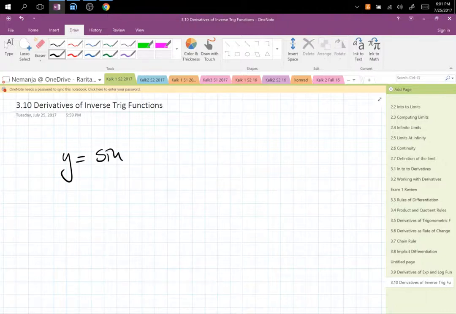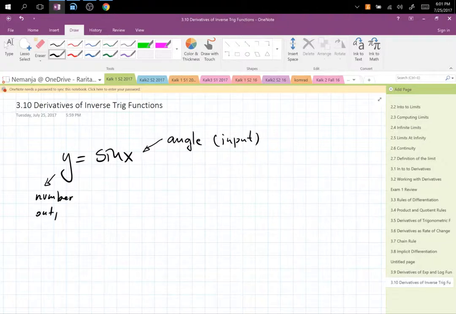where x was the angle, which is the input, and y is the number, also known as ratio, which is the output. So you will say that sine of, let's say, pi over 6 is equal to 1/2.